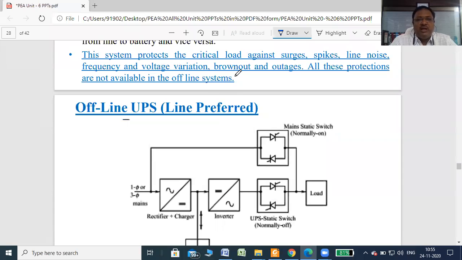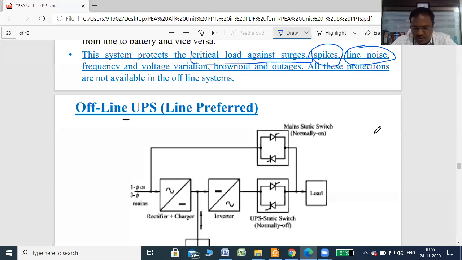The system protects the critical load against surges, spikes and line noise, because the load is not directly connected to the line at all times. In case of UPS failure or battery discharge, the load is fed directly from the supply.